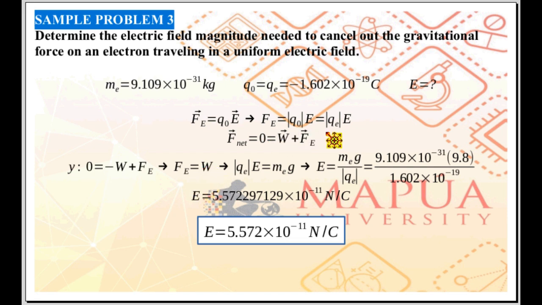And Fe is just equal to |q_e| E. Isolating E, we know m, we know g, 9.8 meters per second squared, acceleration due to gravity. And we know q_e. q_e is negative, but it's inside absolute value, so we get rid of the negative sign. We are able to calculate the magnitude of the uniform electric field. E is equal to 5.572 times 10 to the negative 11 newton per coulomb.